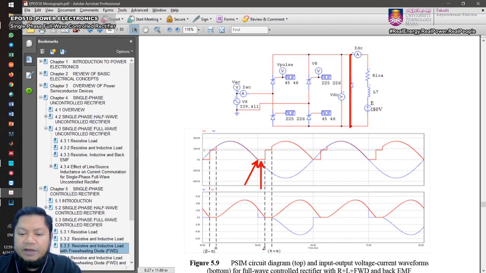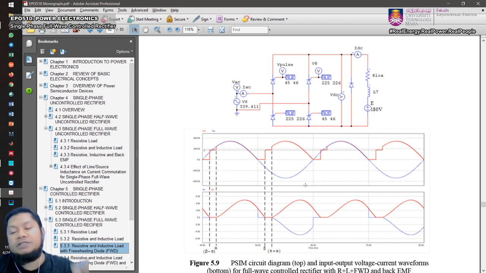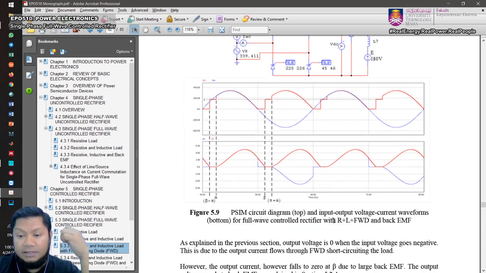And just after that, we have the current going to 0 at beta, and there will be no current flow, and therefore the output voltage becomes equal to 180 volts. Okay, so this is very much how to explain the circuit.